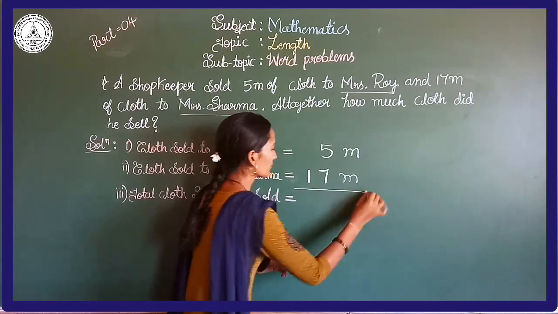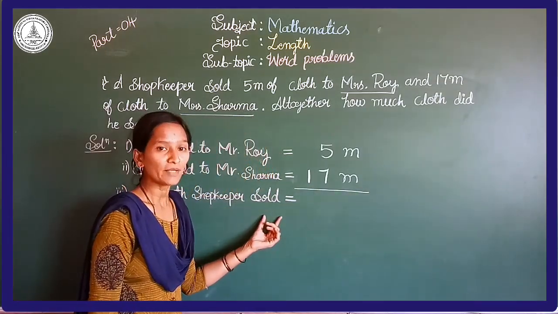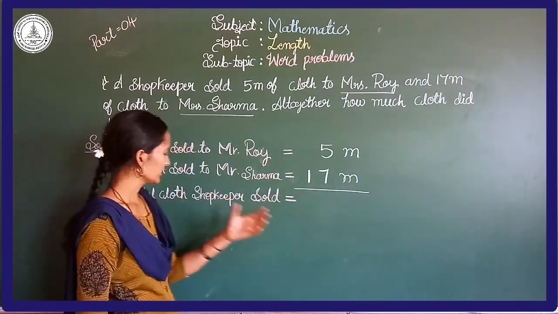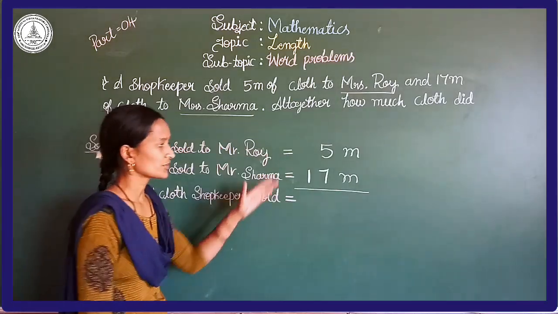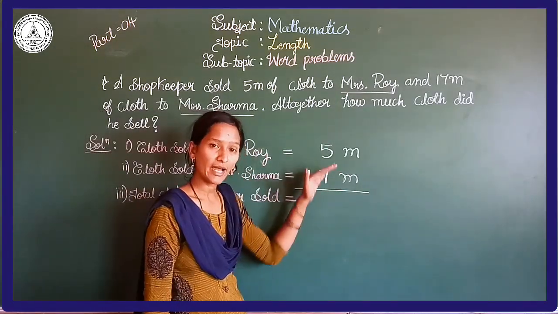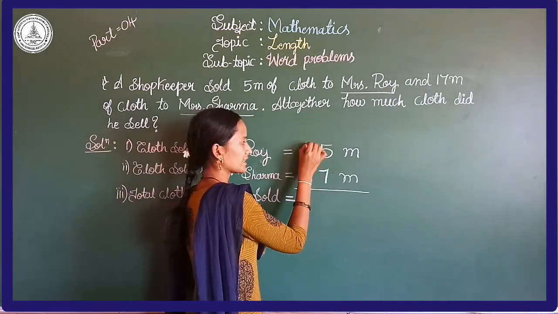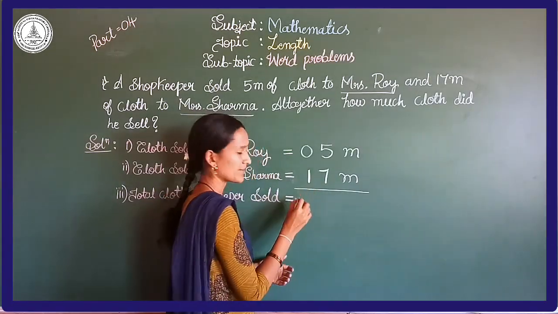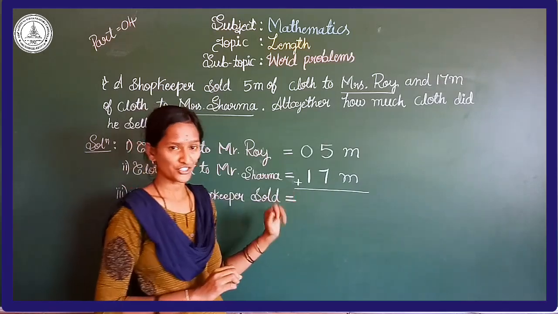So now look here. Total cloth shopkeeper sold. Means you have to add these two numbers. Then you are getting the total cloth sold the shopkeeper, right? So now I am adding these two numbers. So come to the 5 meter. Its tens place is absent, right? So I am writing 0 here. So I am adding these two numbers. So this is the symbol of addition.